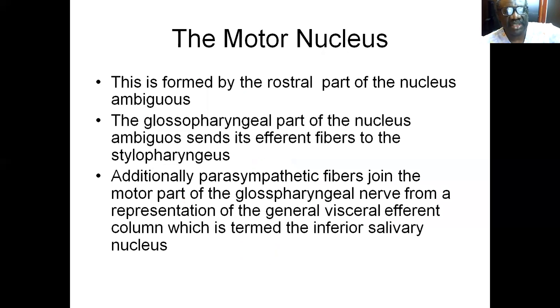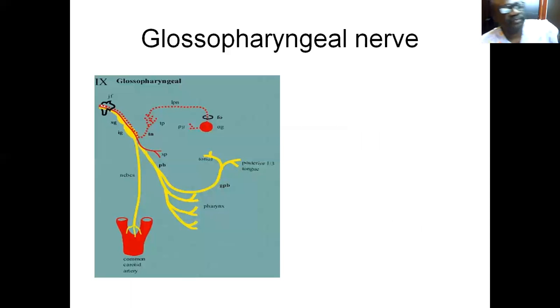Additionally, parasympathetic fibers will join the motor part of the glossopharyngeal nerve from a representation of the general visceral efferent column, which is termed the inferior salivary nucleus.